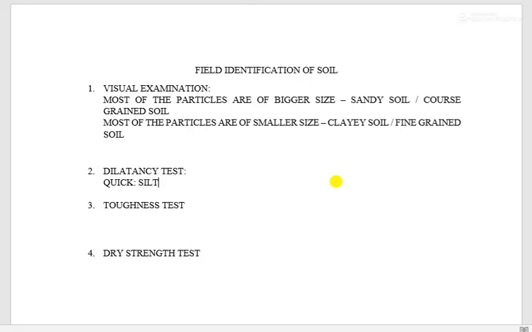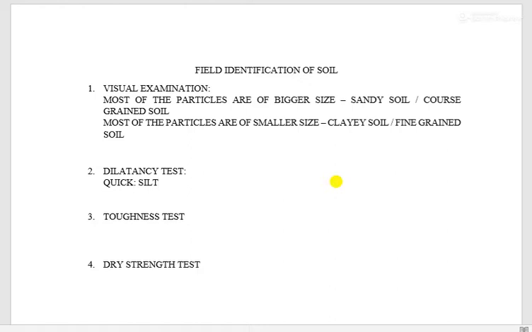That means if the water that was coming out from the soil sample disappeared quickly, in no time, then the soil may be classified as silt. If the disappearance of water is taking some time, taking a lot of time, then the reaction is slow, and in that case the soil may be classified as clay.